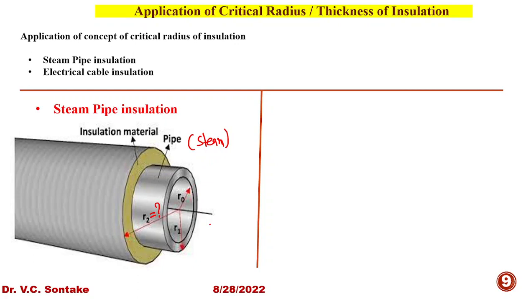Just now I have discussed the concept of critical radius of insulation. In case of the steam pipe, we want the heat transfer rate, or heat lost from steam to the environment, to be as minimum as possible, as close to 0. And this is the curve we have.